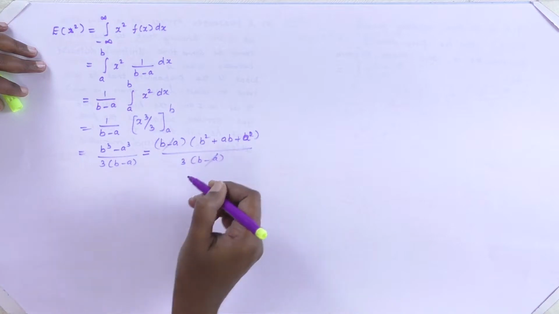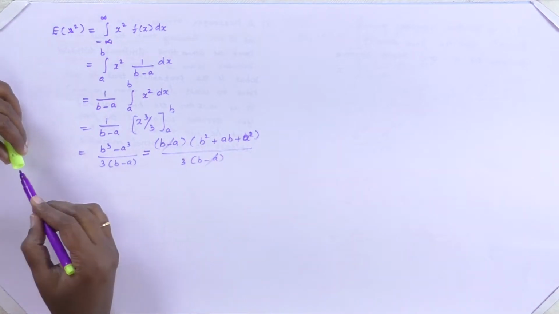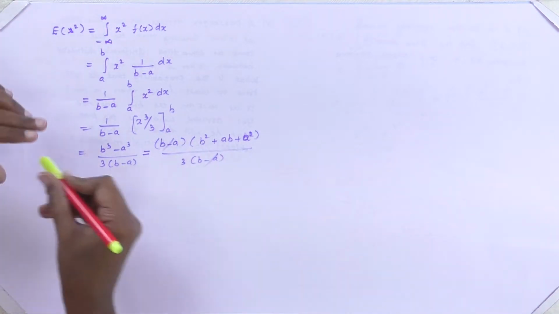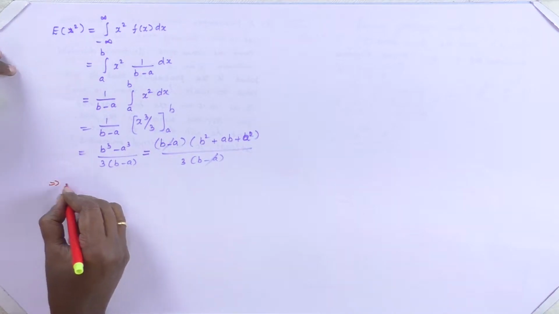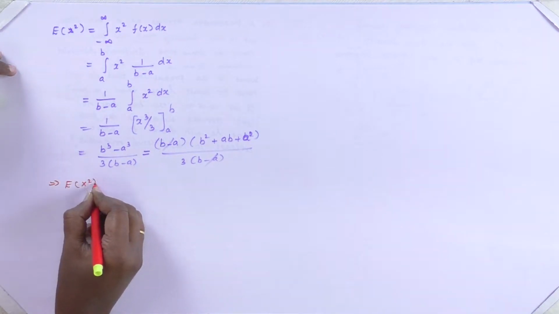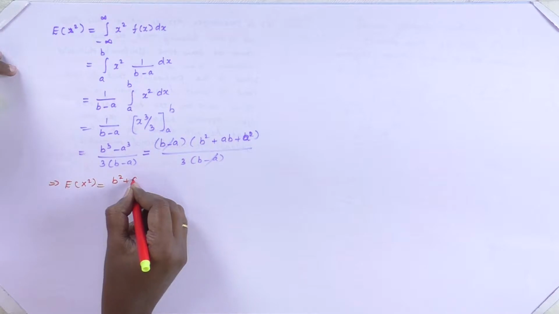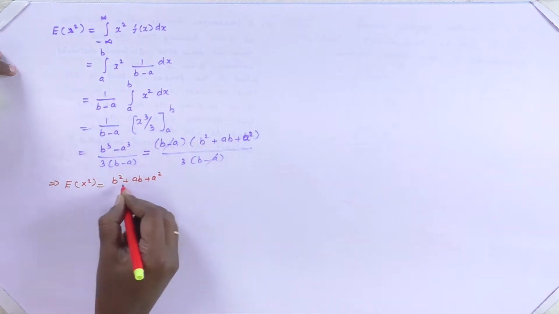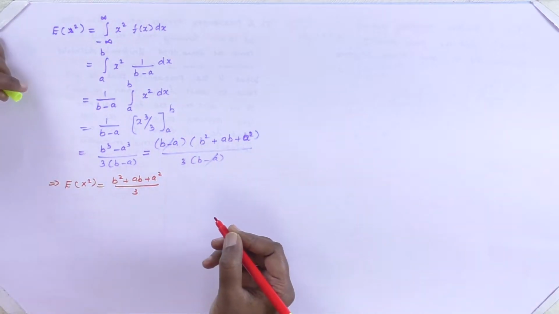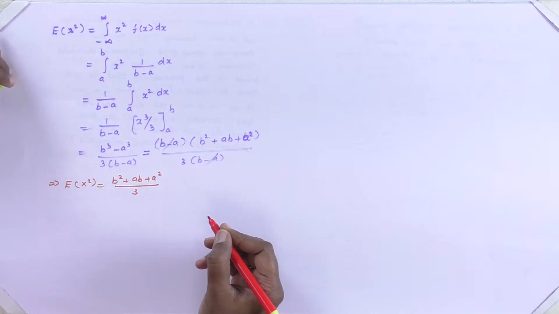Now, numerator and denominator b minus a will get cancelled. Finally, we have E of x square is b square plus ab plus a square divided by 3.